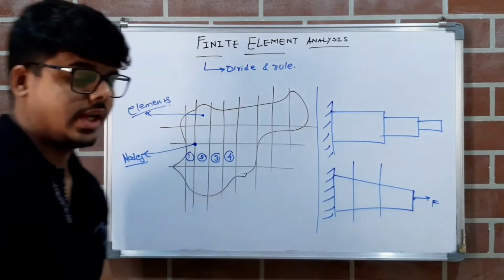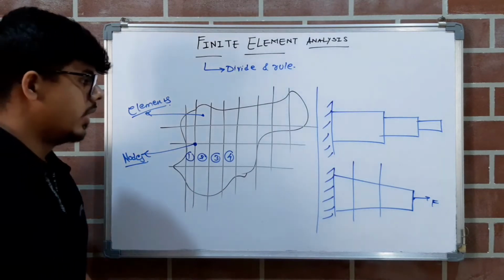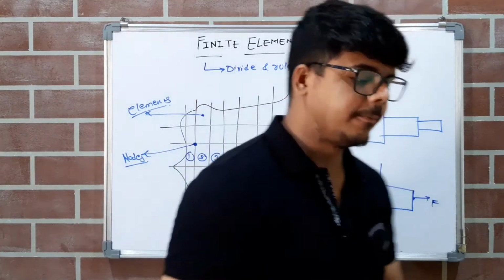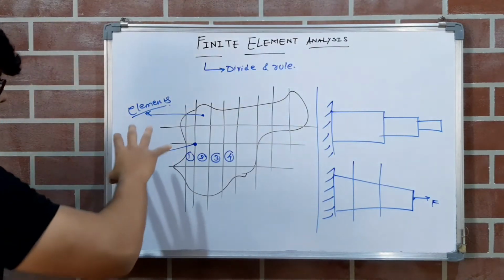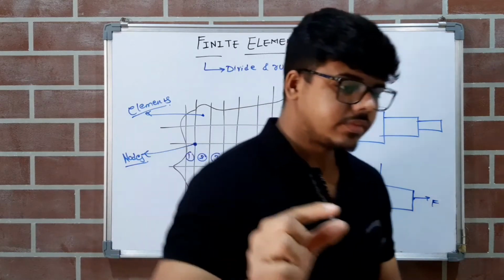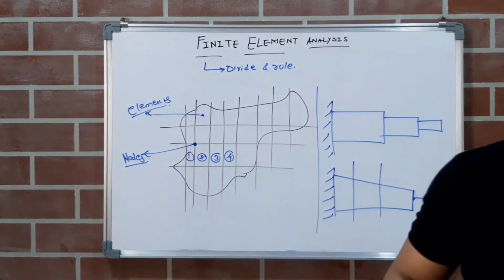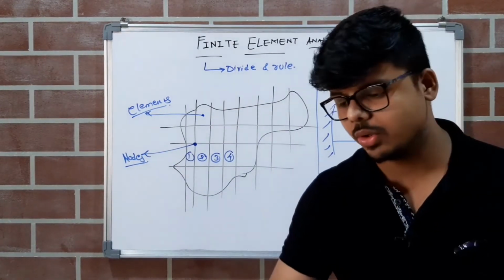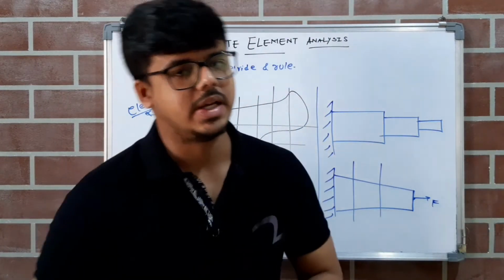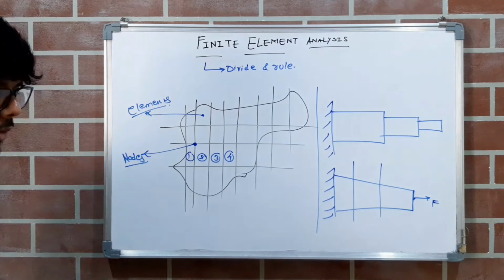Now remember this point, that the more elements, the more accurate an answer you will get, right? If you divide into n small elements, then a larger number of elements will give you an answer closer to the exact answer. Fewer elements, less accurate answer. More elements, more accurate answer.